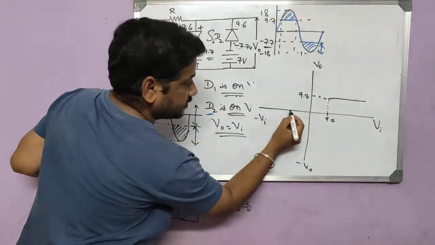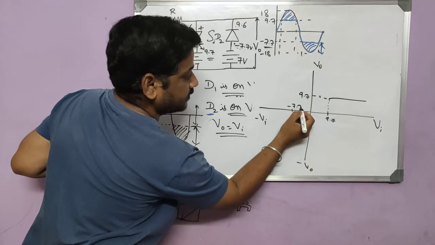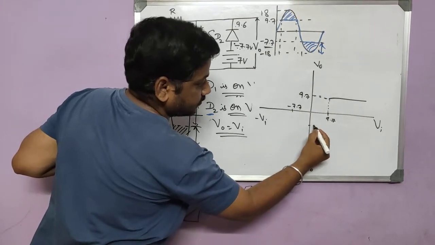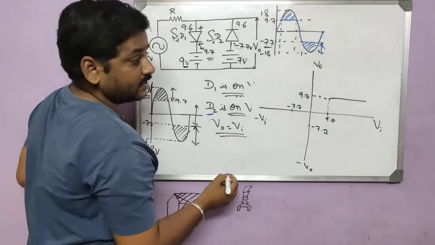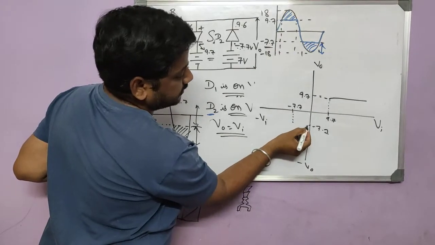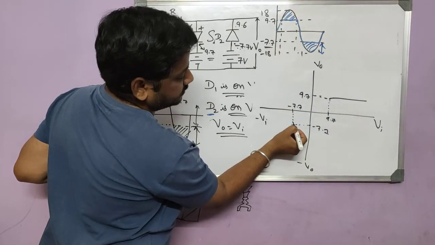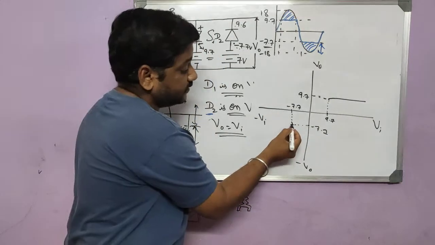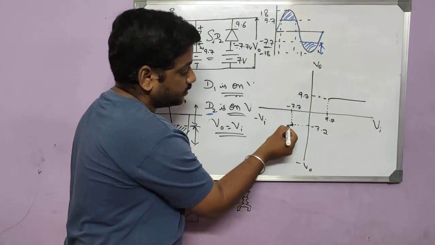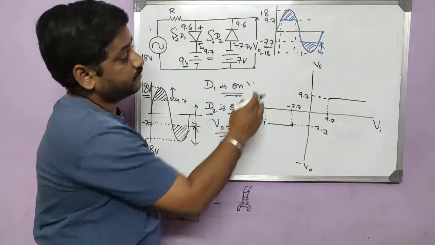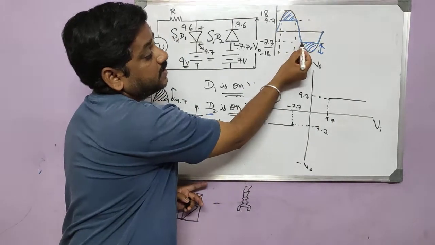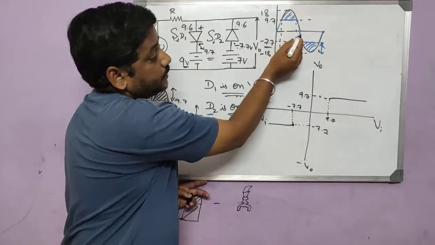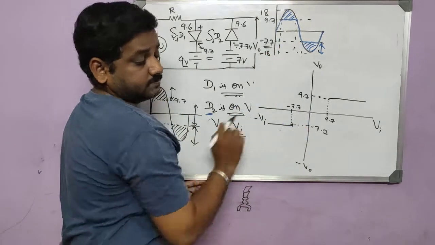Input is minus 7.7, output is minus 7.7. This is the point where they come in contact. From here, the output will remain constant at minus 7.7 once we get into the negative region.